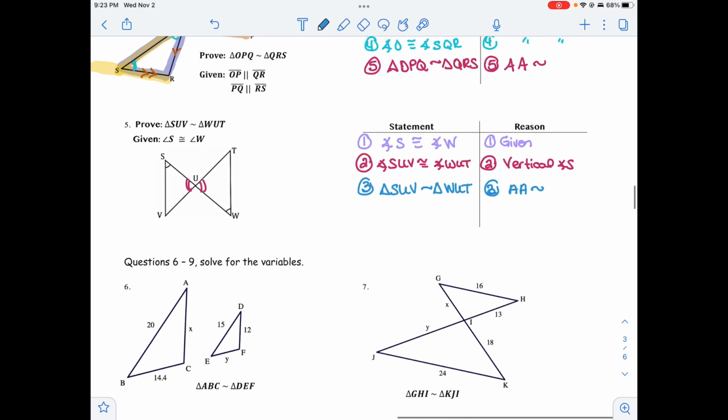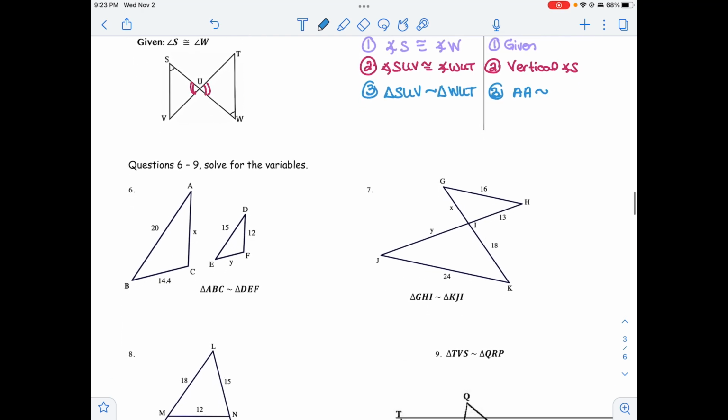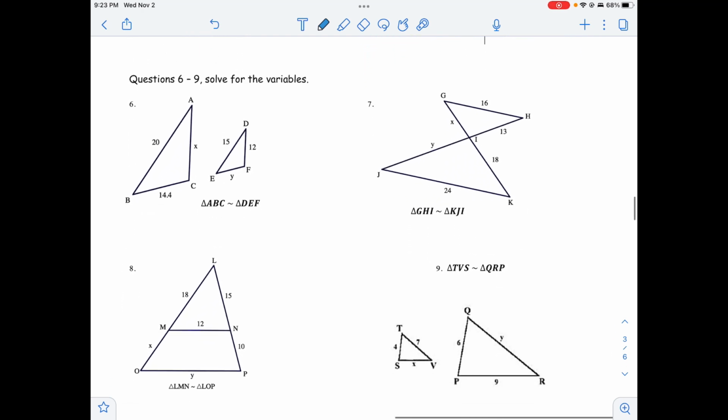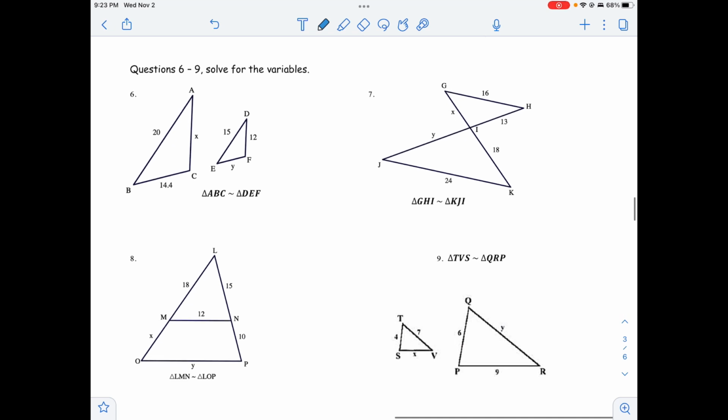All right, for number 6 through 9, you're actually going to solve for variables using similarity rules. So they're telling you, for example, number 6, that triangle ABC is similar to DEF. Again, you can use the stack method of ABC, DEF to help you with your ratios. So we're going to go ahead and use what we know. So A to B, so if we look from A to B, we have 20. And A to C is what we don't know.